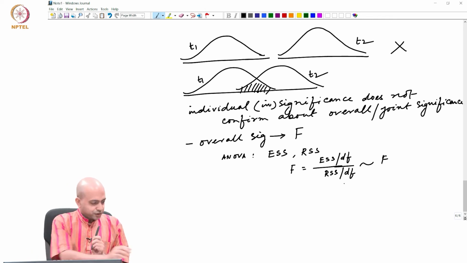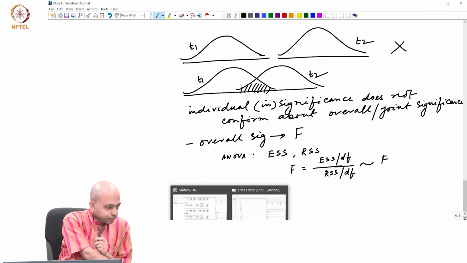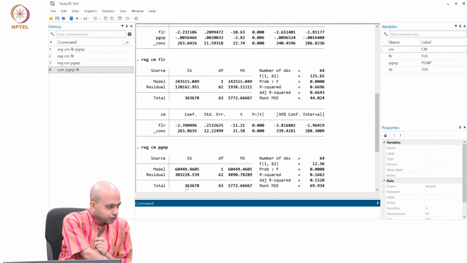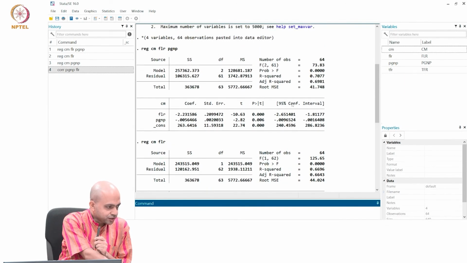Okay. So, now if we go back to our example, when we take this complete model and look at the ANOVA table, what is the model sum of square?